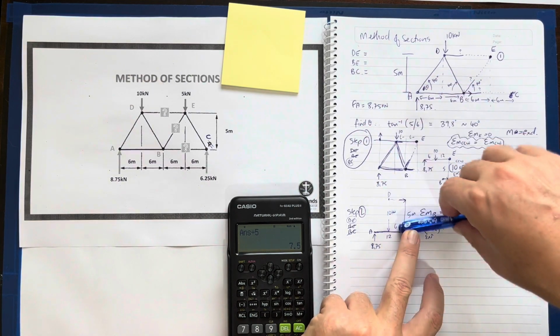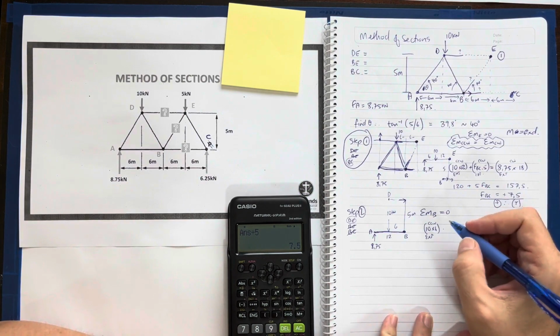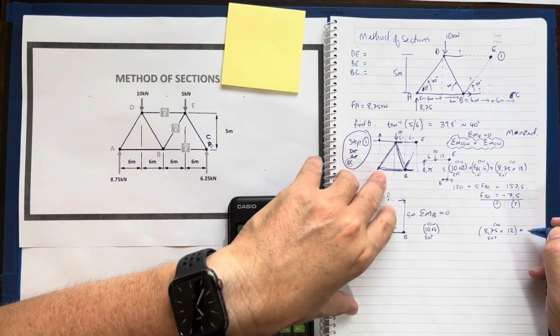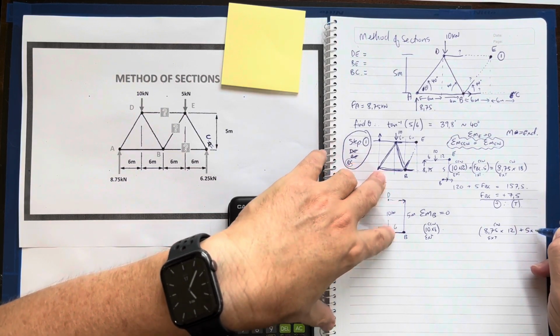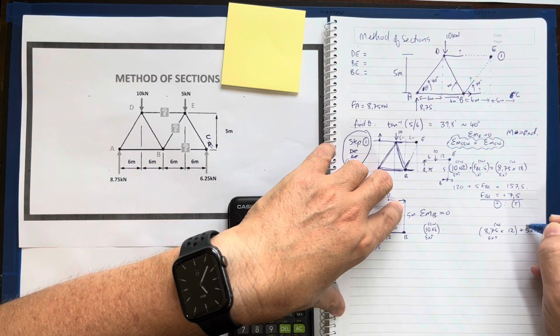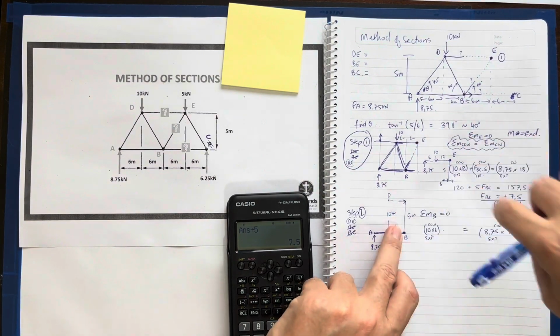It's going to push my beam in this direction. So it's going to be clockwise. And the clockwise would be the unknown force, 5, which is my distance, times force DE. And there we go. That's also clockwise.